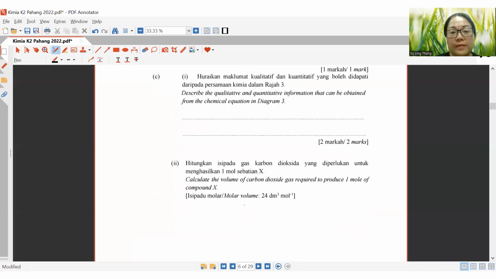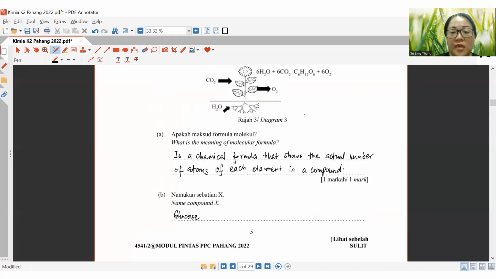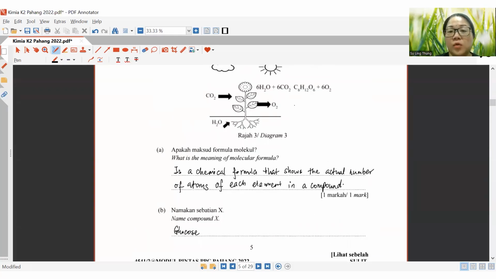C1. Describe the qualitative and quantitative information that can be obtained from the chemical equation in diagram 3. The moment you are given this type of question, do not hesitate to straight away write the normal statement which we always write. Plus means reacts, arrow means produces.